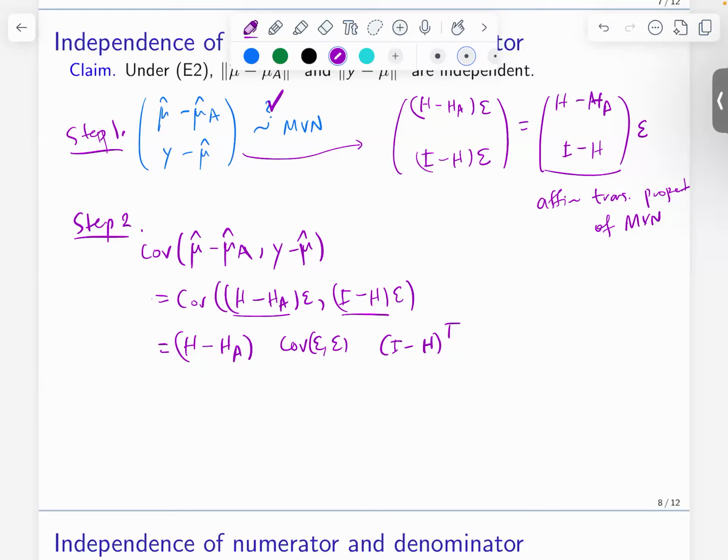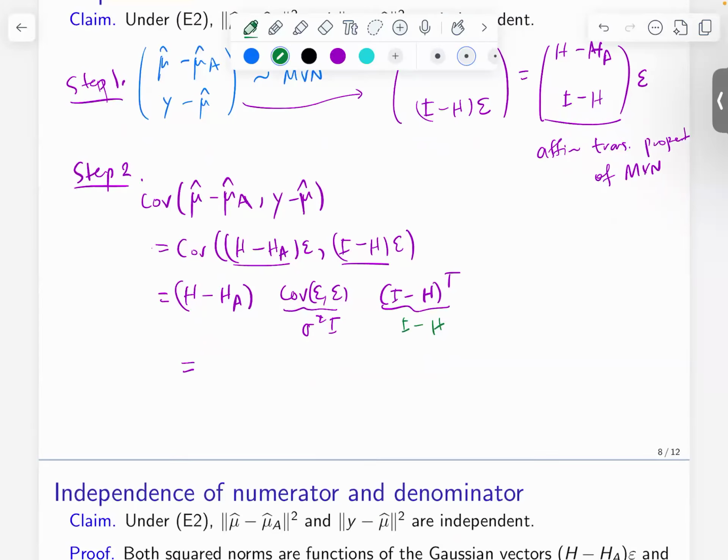You remember how these things are defined, and this is sigma squared I. This simplifies a little bit: I minus H transpose is just I minus H because it's a projection matrix. Once you multiply things out, I can put sigma squared here. I get H minus HA times I minus H. Let me expand. I get H minus H squared minus HA plus HAH.